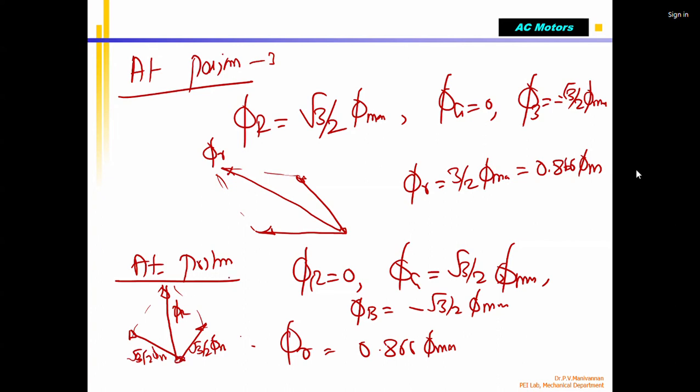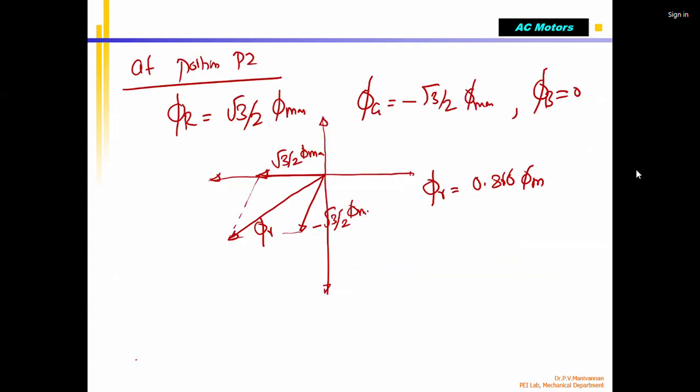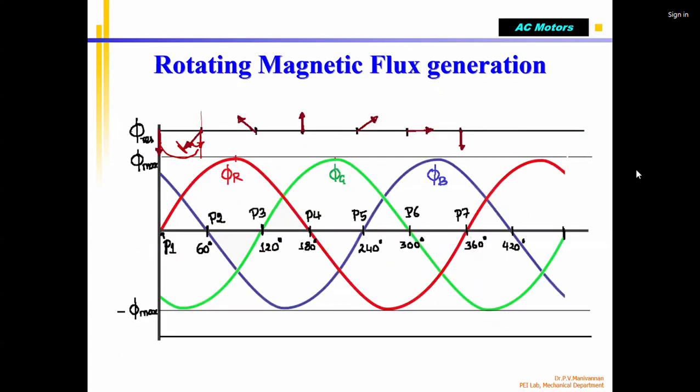Okay. So I showed this by looking at this figure. Correct. By looking at this figure, you can draw. Up to this one, I showed that for this instant also you can find it out. Correct. So this is minus root 3 divided by 2 phi max. This green is plus root 3 divided by 2 phi max. Blue equal to 0. Correct.